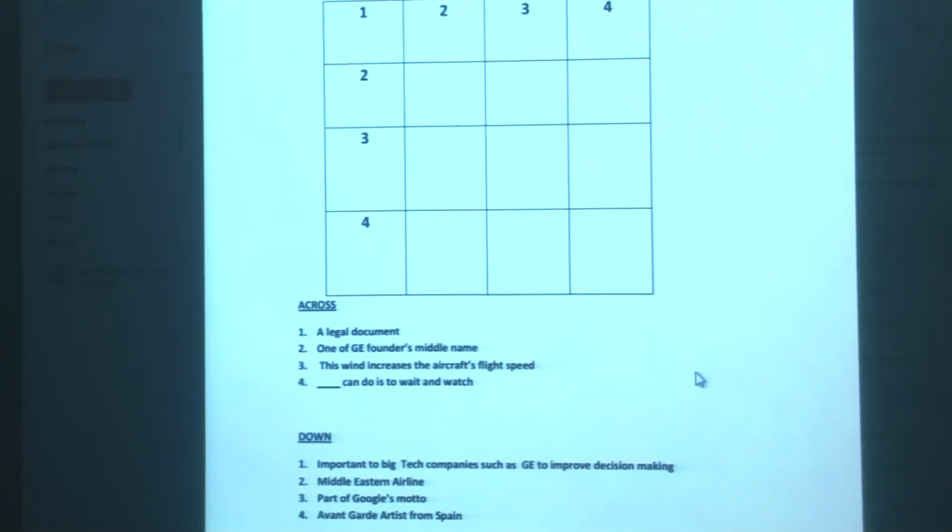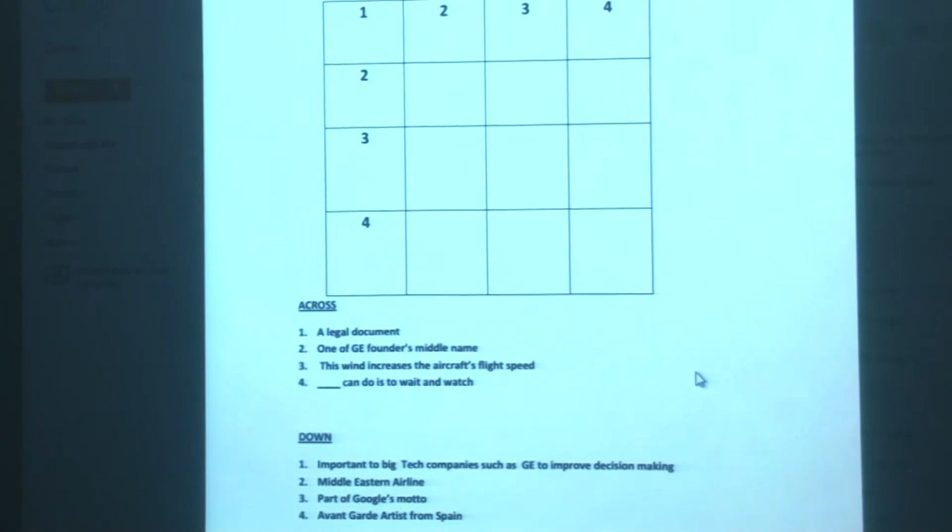Okay, so that is a deed. Deed is a legal document, and one down, which is important to big tech companies such as GE, is data. Data, then everything else is here.